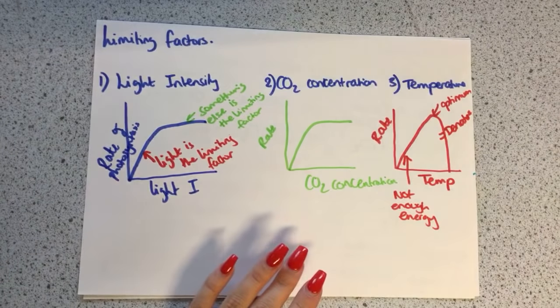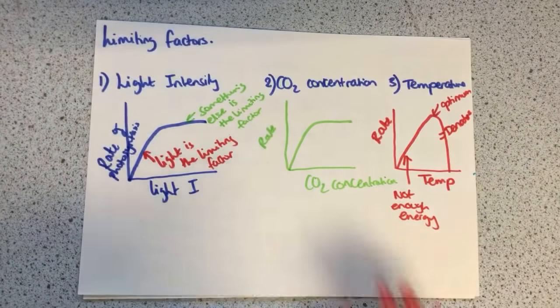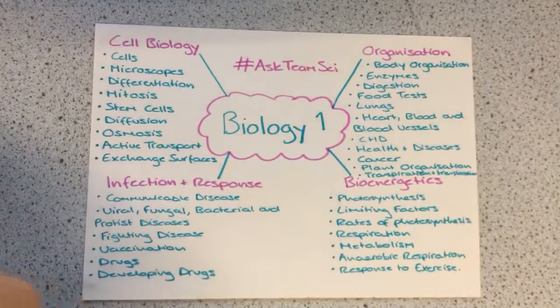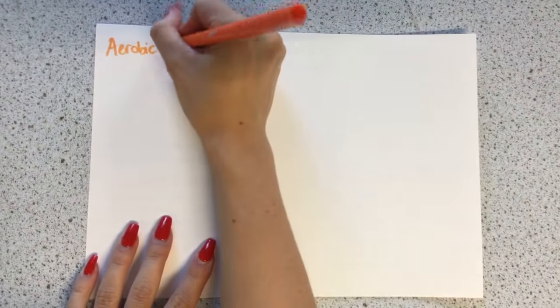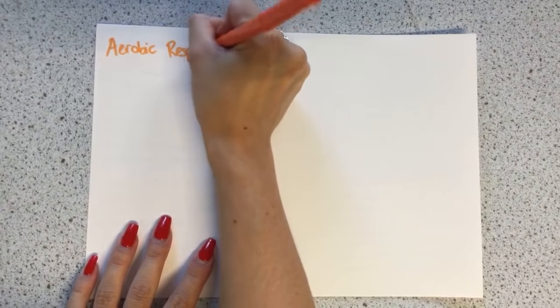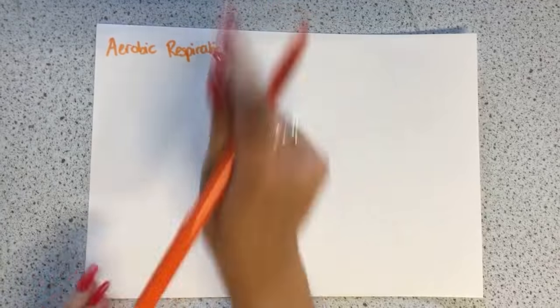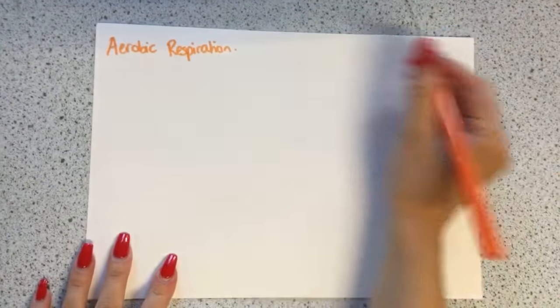Okay, moving on then, we're going to go on to respiration. So aerobic respiration first. Again, equation first, it's just the opposite from photosynthesis.